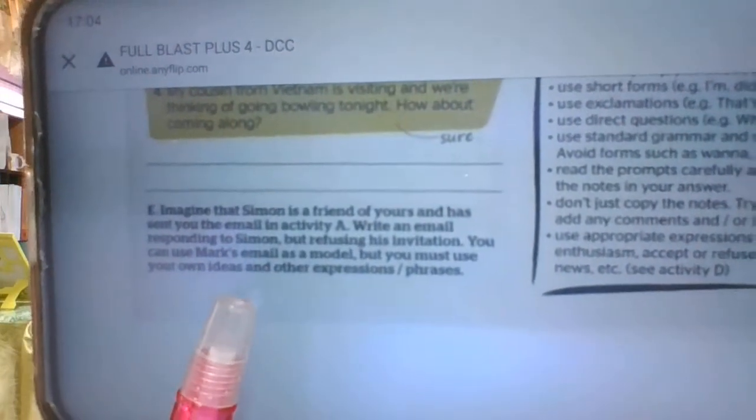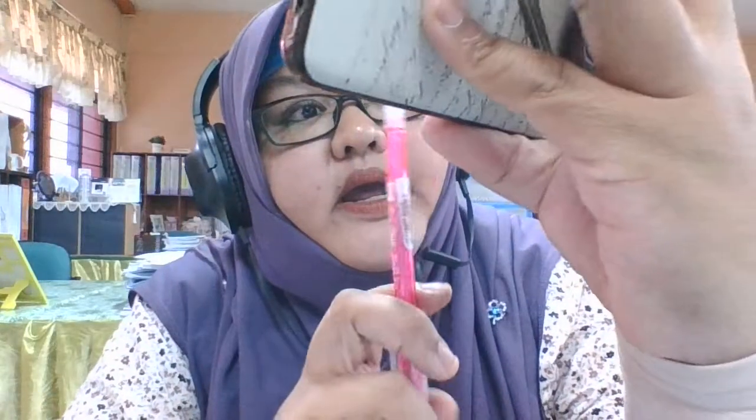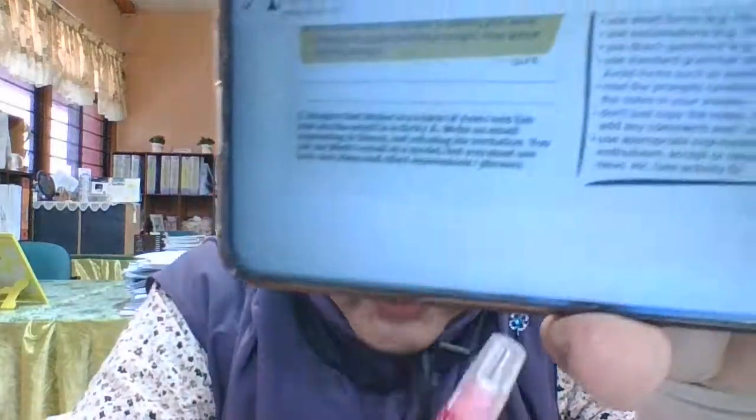Mesti guna idea sendiri. And other expressions. I hope you understand. If you don't understand, you can ask me in the Telegram group, or you can DM me or direct message me. Again, that's our learning objective for today.